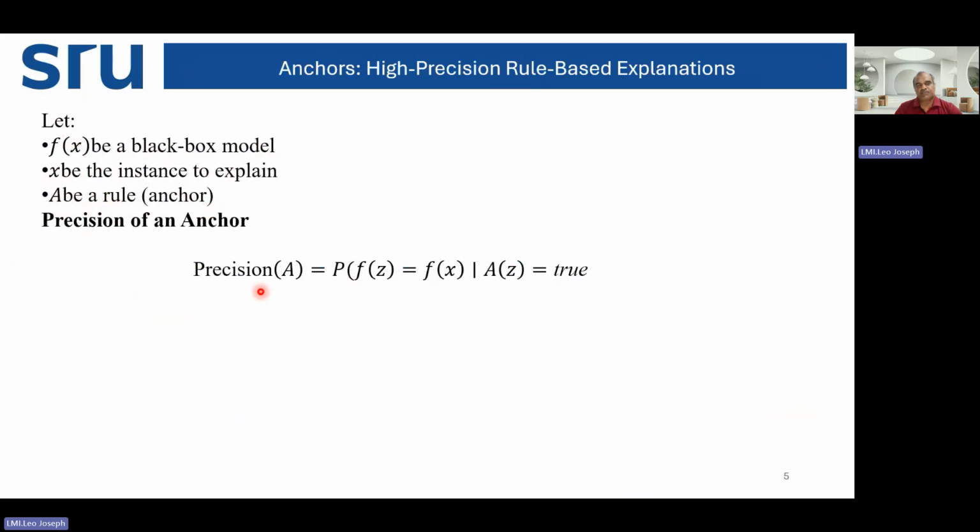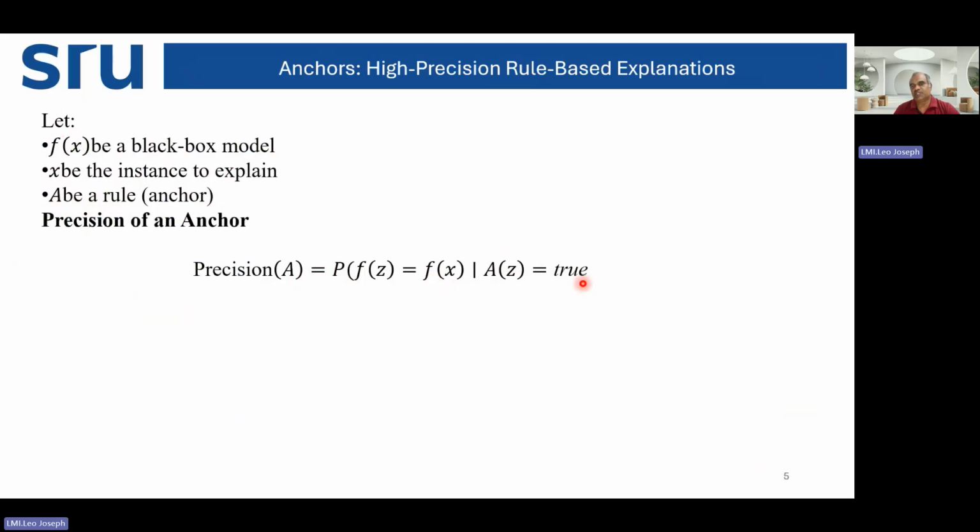So we are checking the precision, which is equal to the probability that the synthetic value and the black box model output are equal along with the rule, then it is true. If you are seeing this for the very first time, you may get confused.